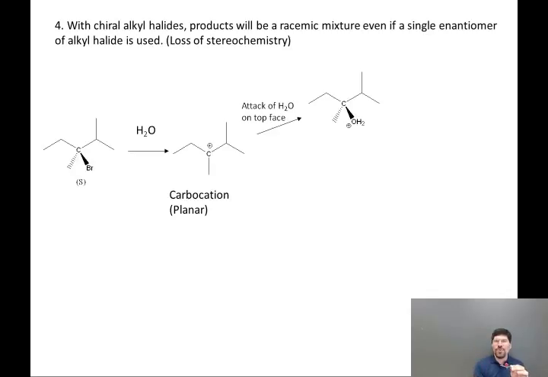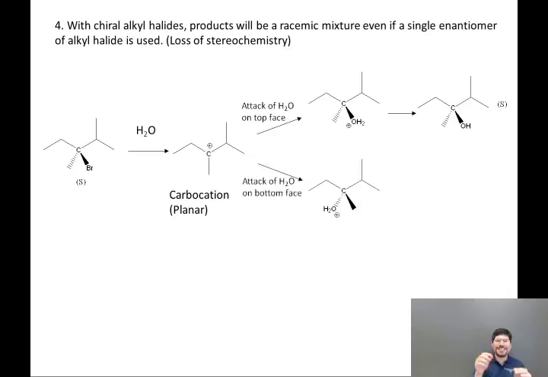In a future video, we'll cover the details of this, but in a subsequent step, the OH2 plus loses a hydrogen to give a neutral product in which we have an alcohol, and the OH is still on the top face and still has a wedge. Okay, so the OH has replaced the Br in this case with the same stereochemistry. So if we started out with S, we still have S.